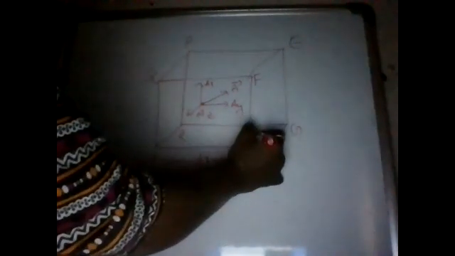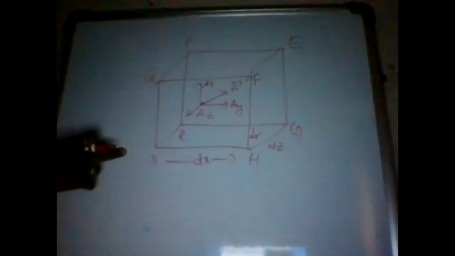This small rectangular element has three dimensions: dx, dy, and dz. The PQRS face has center point M, and the EFGH face has center point N.